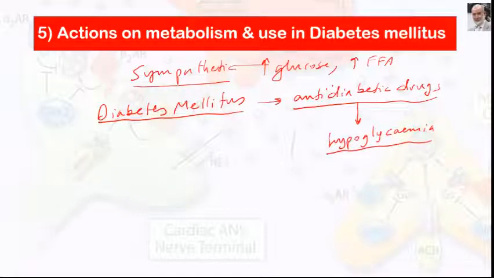Usually, when anti-diabetics produce hypoglycemia, it will stimulate sympathetic outflow to the periphery. If hypoglycemia is not treated, it can lead to coma and death. Normally, this hypoglycemia will stimulate the sympathetic activity.